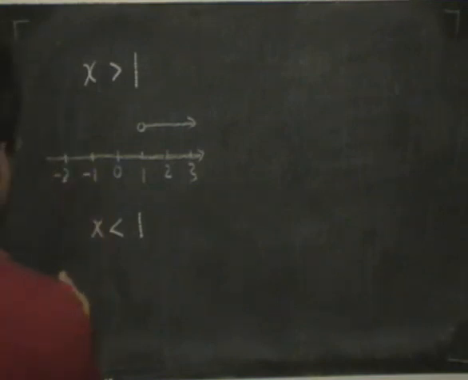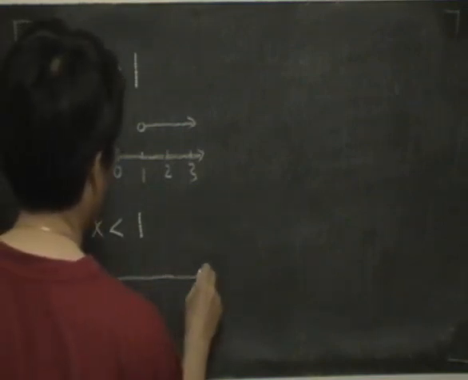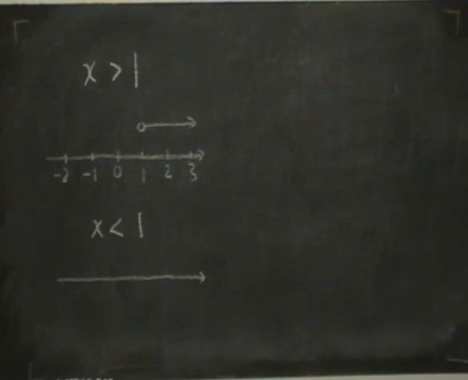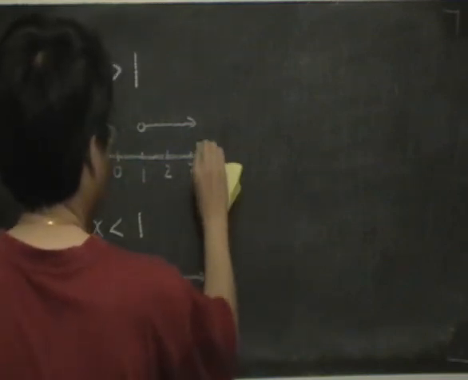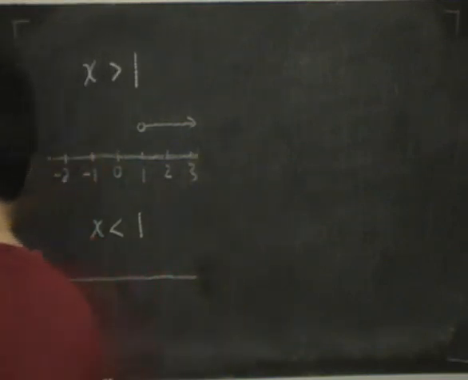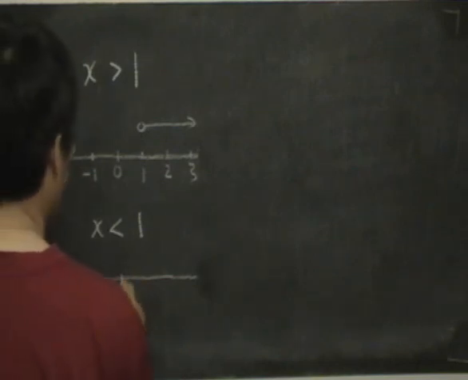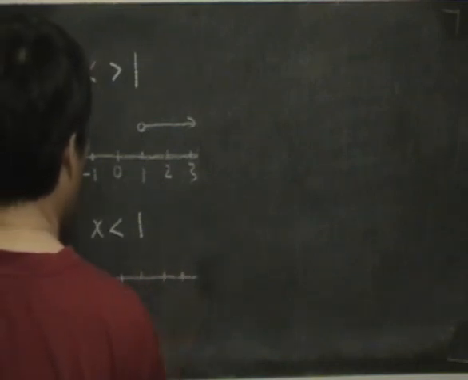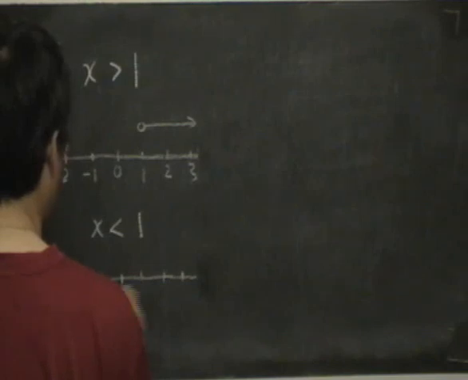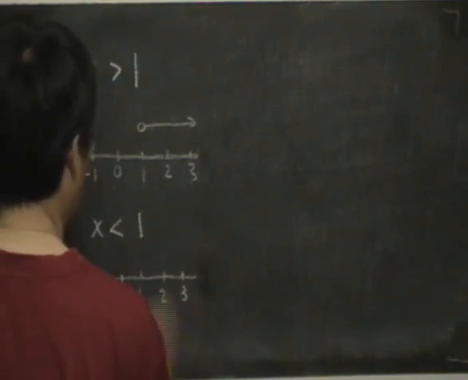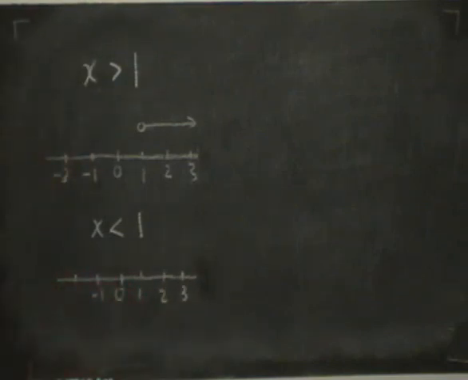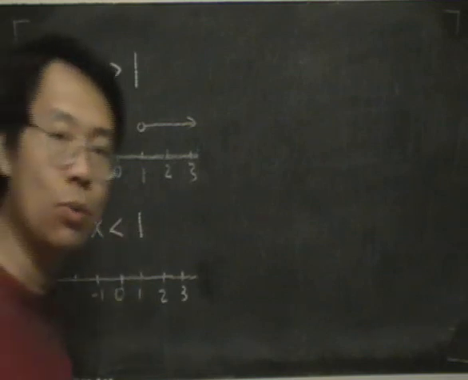So how would I represent this on a number line? Okay, so 0, 1, 2, 3, minus 1, minus 2. Alright, so x is less than 1.